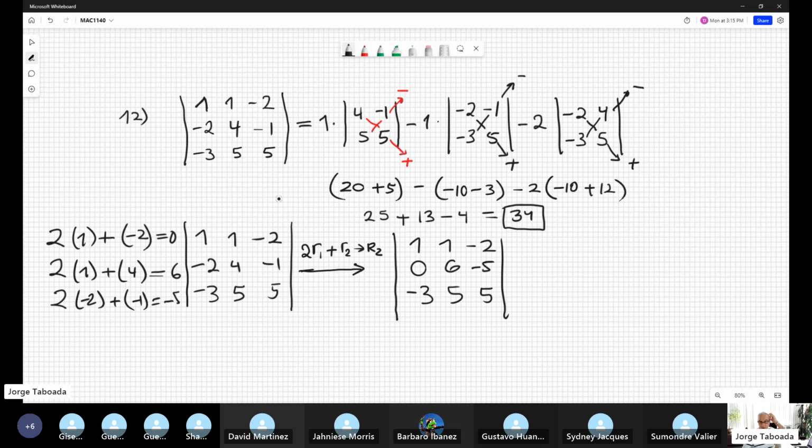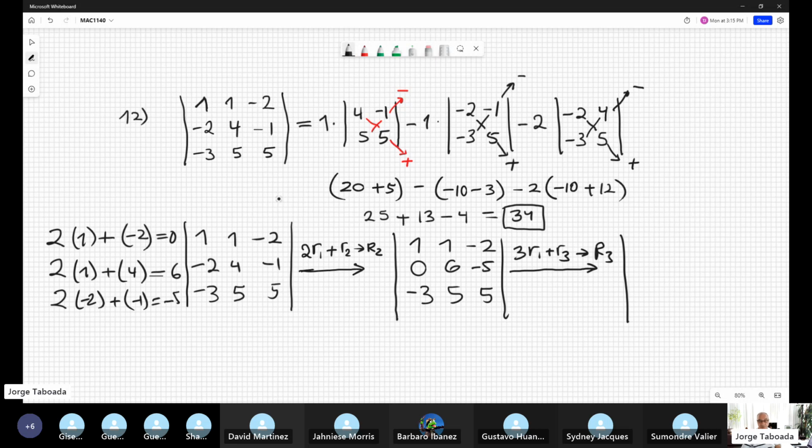We almost finished, because one more row operation, maybe 3 times R1 plus R3, stored in R3. I now try to do my best in order to get 0 here, right? What should I do?